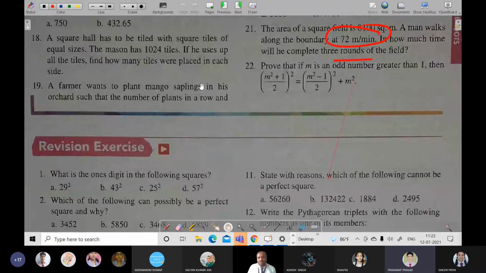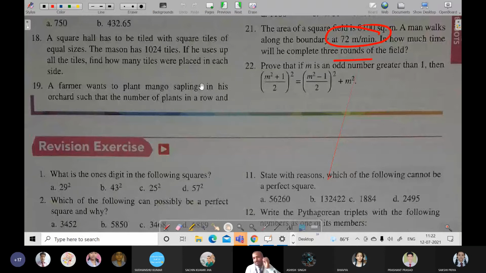Okay, in short I will be explaining. Just see here, you have to simply find the root of 1024, because in a square the length and breadth are equal. So when you find the root of 1024, that many tiles will be kept in one row, and that much number of tiles will be there in all other rows also.